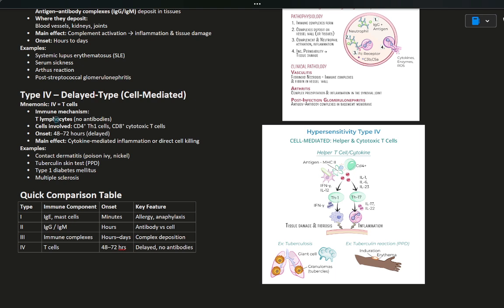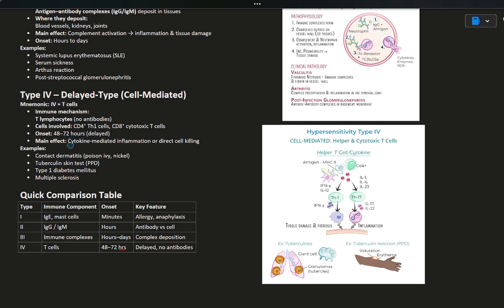For the immune mechanism, this time we have T lymphocytes, and then the cells involved will include the CD4 plus Th1 cells and the CD8 plus cytotoxic T cells. And unlike the other types of immune hypersensitivity reaction, this type has a delayed onset, so it can last anywhere from 48 to 72 hours.